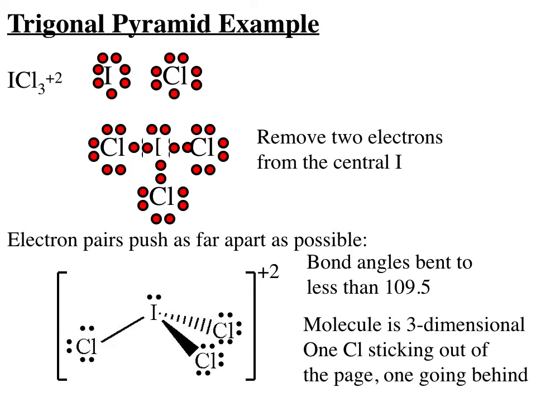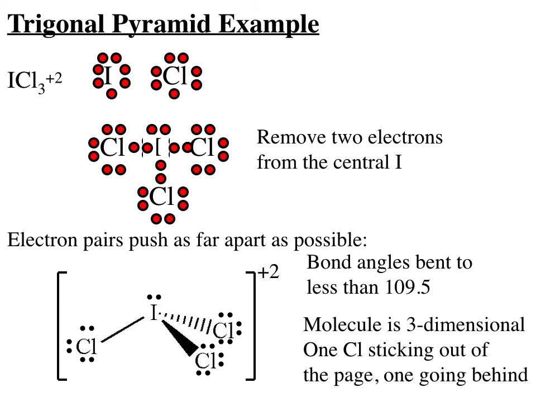Now, of course, maybe start at the beginning. I is the central atom. Remember what I say, the ease of drawing these is to remove the 2 electrons from the central atom. So I'm going to have 5 electrons remaining after removing 2 from the I. Of course, the I needs 3 more electrons.